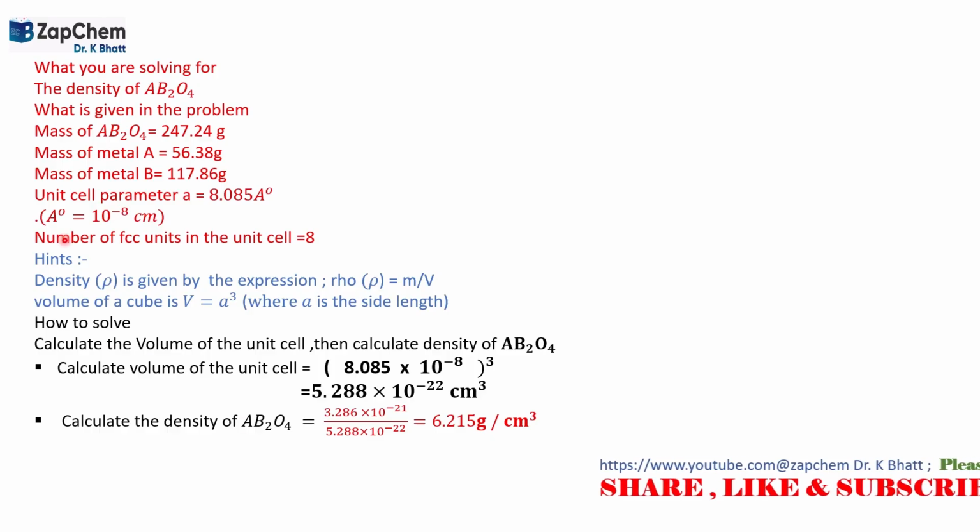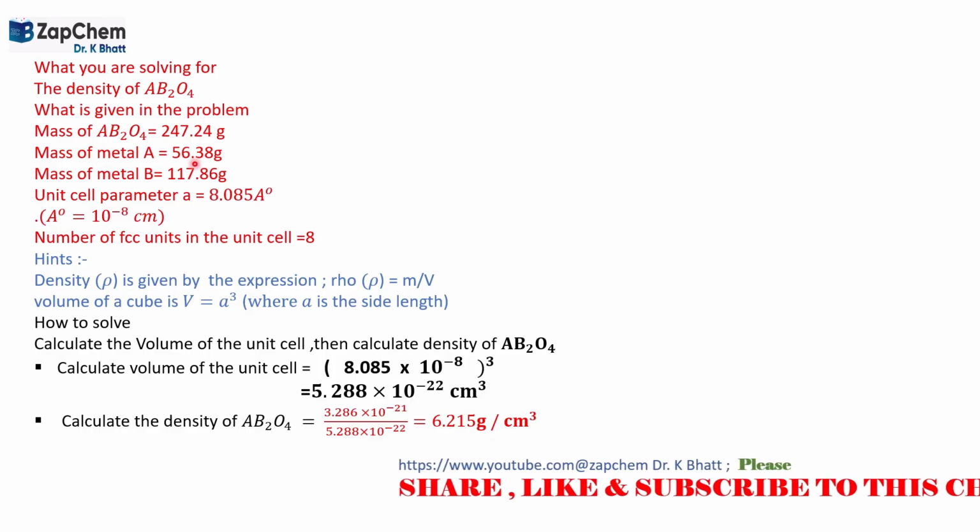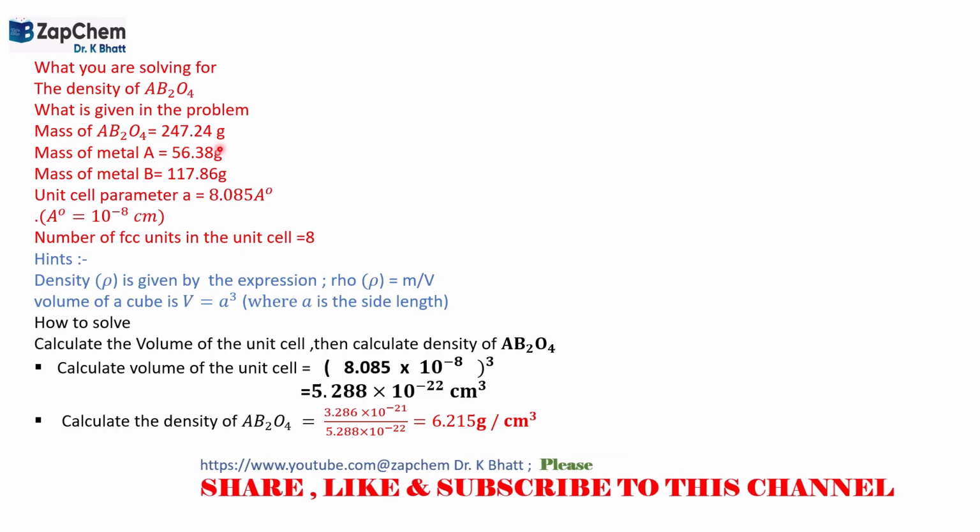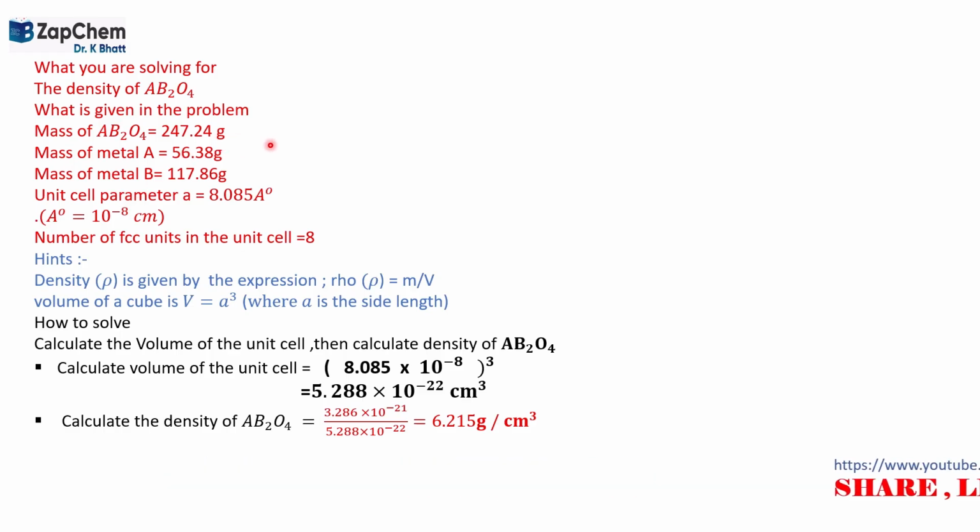If you look here, we are solving for the density of AB2O4, and the mass of AB2O4 which we got is 247.24.